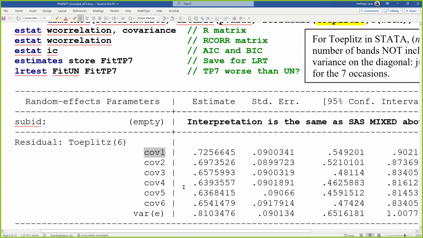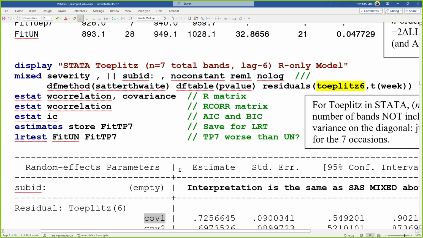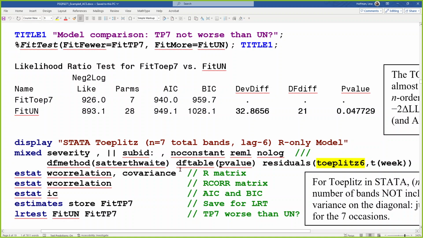All right, were there questions, or can I review anything? 7 again? TP7? Because there are 7 occasions, and so to fill out the full matrix, it's that number of diagonal and then 6 off diagonals. So we assume the homogeneous case of the variances.